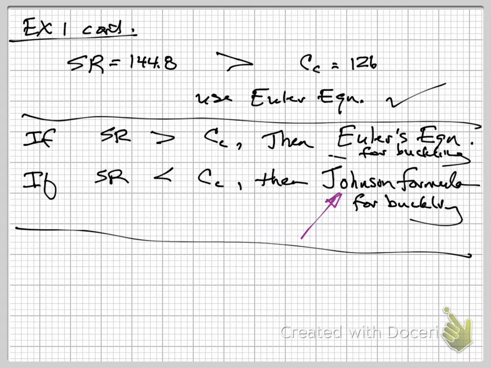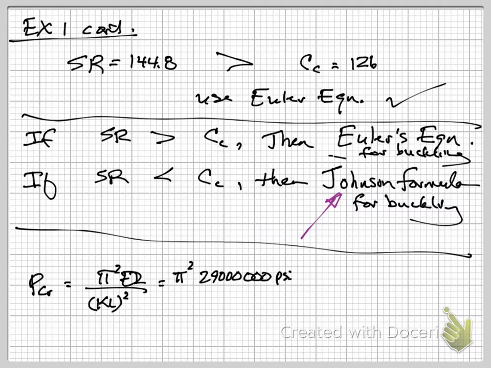So let's put the numbers to that game a little bit. P critical using Euler, pi squared EI over KL quantity squared. We get pi squared times 29 million psi, moment of inertia was 9.32 inches to the fourth.